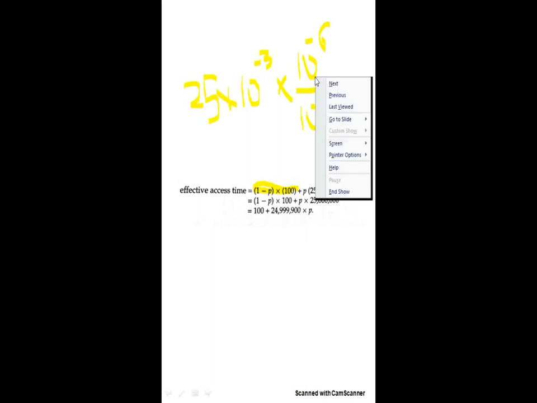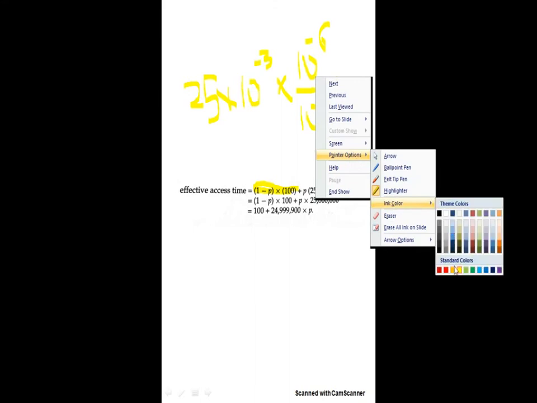How can I convert to nano? Nano means 1 nano is 10 to the power of minus 9. So I can multiply and divide by 10 power minus 6. Okay. When I do this, you see what happens.